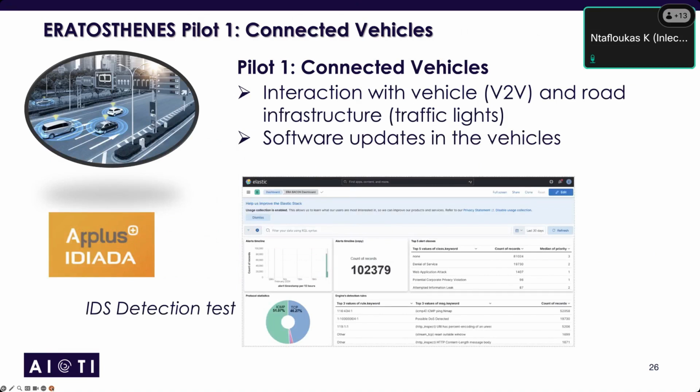The main target of the pilot was to apply the Rotosenis technical framework to the automotive industry through certain components that we managed to develop through the project, such as the DLT, that provides the domain support for the identity management and trusted IoT device information sharing. Physical unclonable function, that's technology that was used to generate unique keys based on the device characteristics, or the MUD management framework that is responsible for serving MUD files and their signatures.